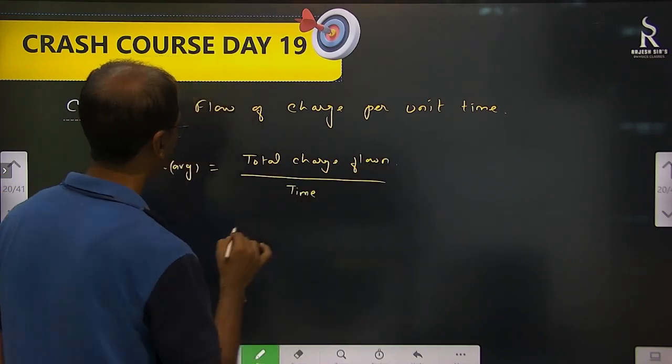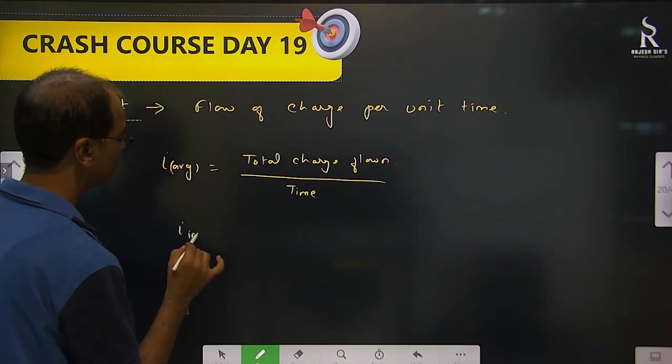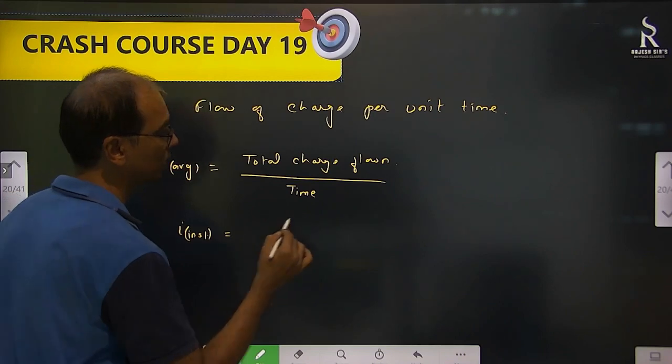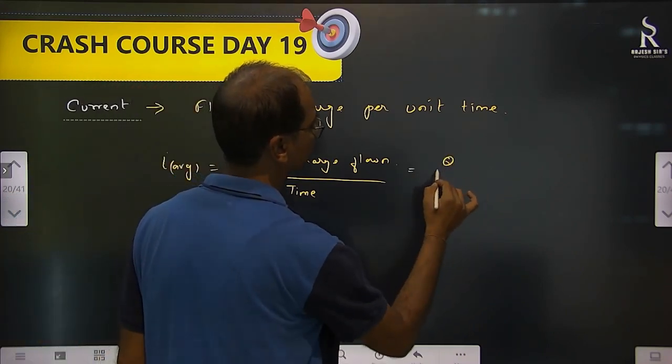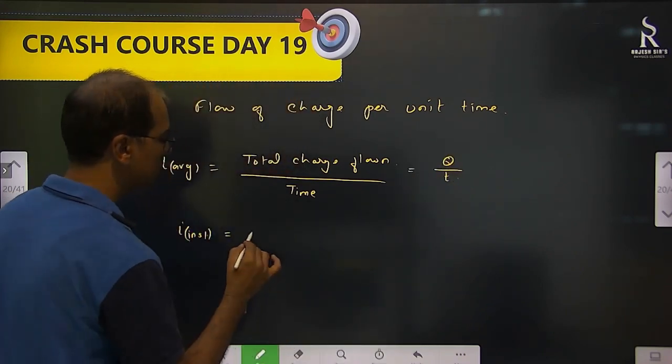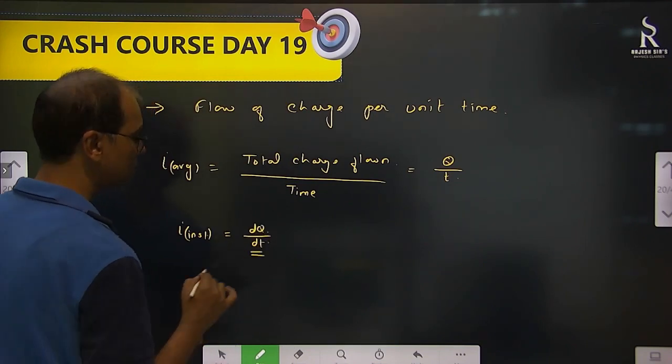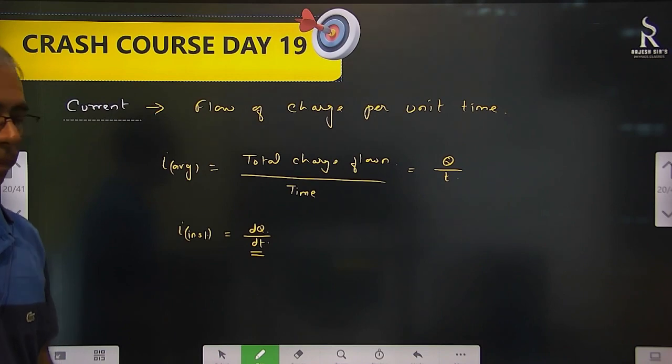Or you can have I instantaneous, flow of charge at a particular instant. You can write it as dq by dt.